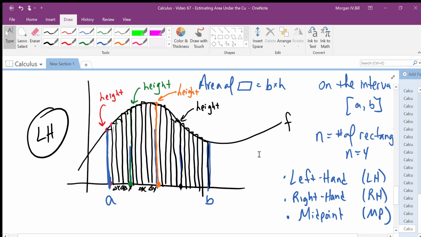So it's probably a long enough video as it is. I'll stop this video, and then in the next video we'll do an actual example where we estimate the area under the curve. That will lead us into not just finding the estimated area under the curve, which we care about, but that's not the main goal.